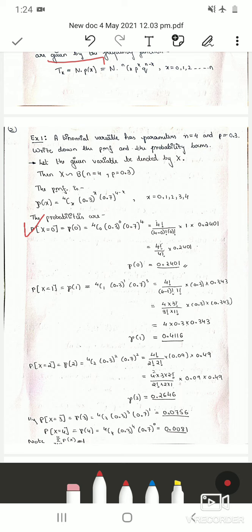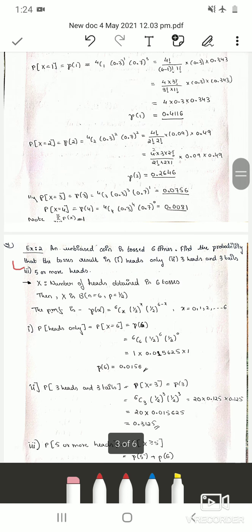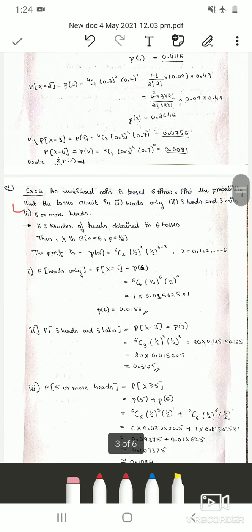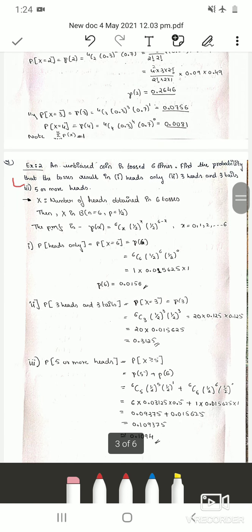Only then you will understand. So this is not at all difficult. All you have to do is substitute x, n and p and use the concept of combination and use your calculators. You will get the answer. So for today's class, I guess these two problems are more than enough. You solve these problems. We will see the remaining problems in the next class.